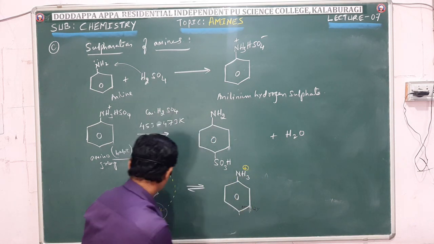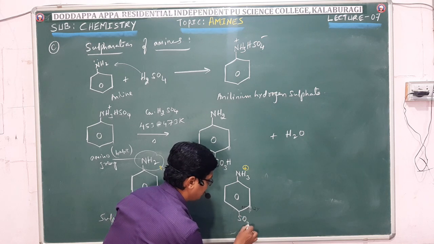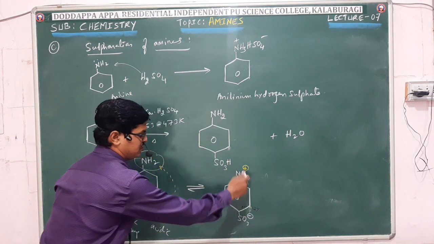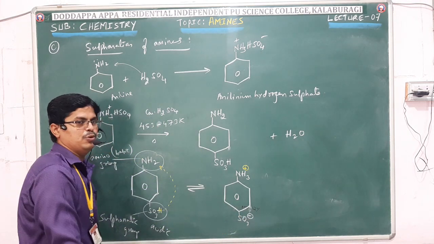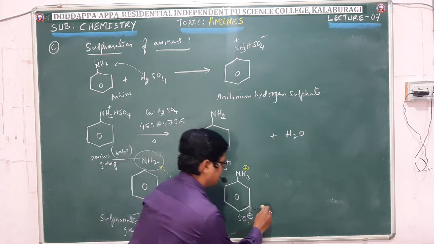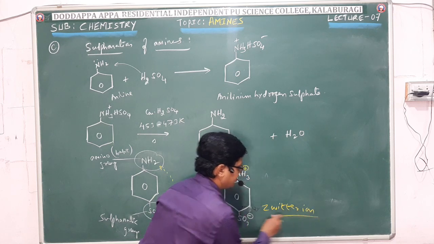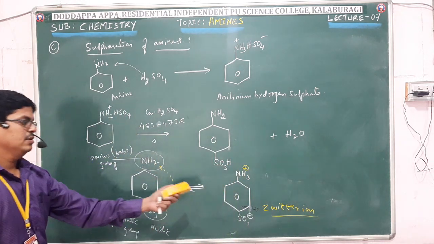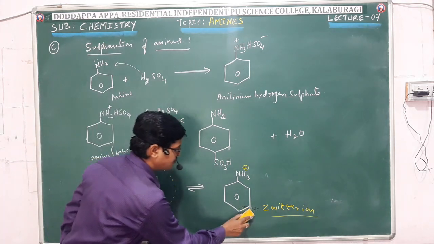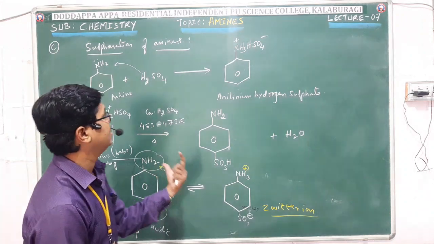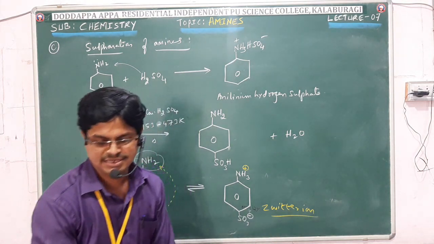And here SO3 minus is left. So the presence of both cationic and anionic species in a single compound is called a zwitterion. Okay, yes students, this is the sulfonation of amines.